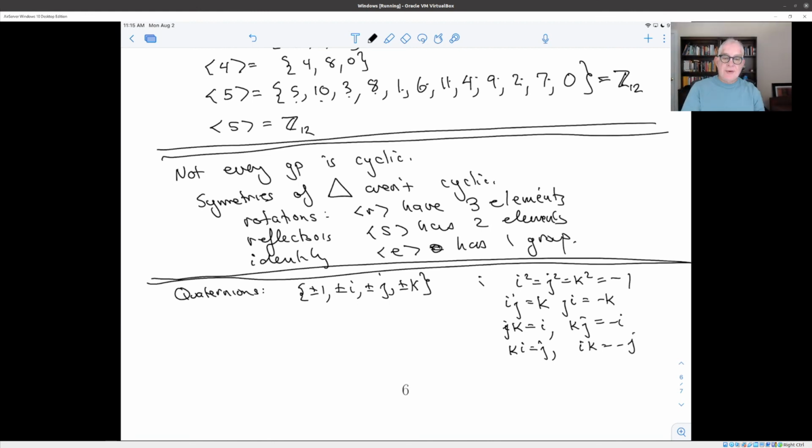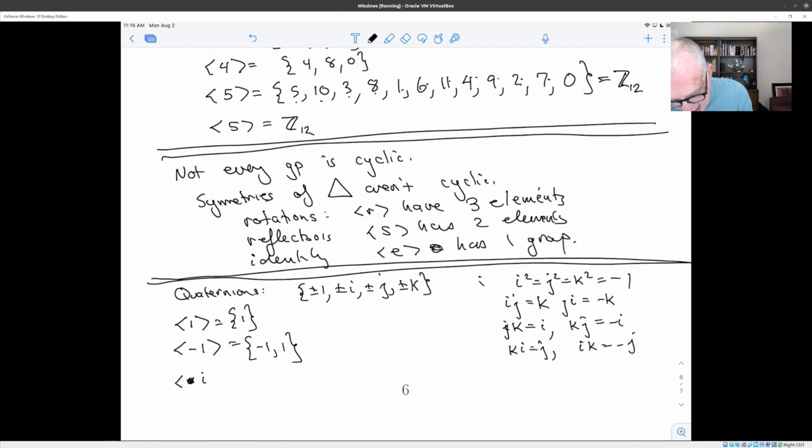And how do we know this isn't cyclic? Well, let's just test every possibility. The group generated by 1 only contains 1. The group generated by minus 1 contains minus 1 and also minus 1 squared, which is 1, but then no matter how many more powers you take of minus 1, it only goes minus 1, 1, minus 1, 1, minus 1, 1. If you take any of the other ones, i, j, or k, let's call that alpha. So for the sake of argument, let's just look at i.